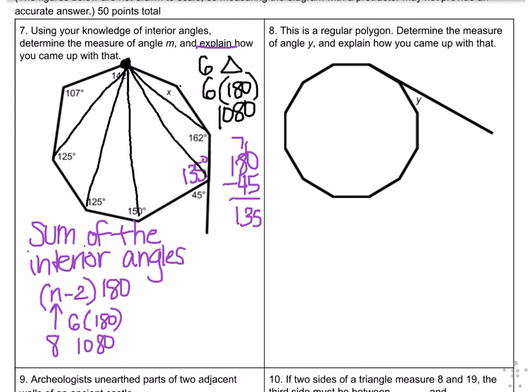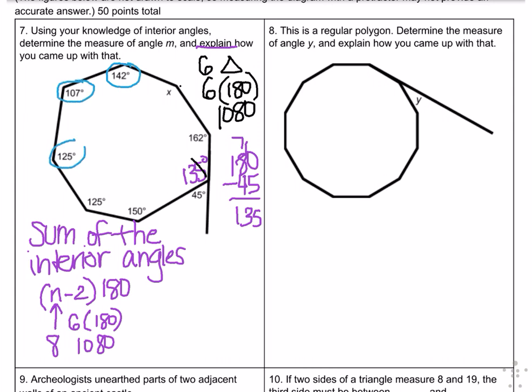Okay, so let's go ahead and continue to answer the question. We want to figure out the measure of angle X. So I'm just going to erase this to make it a little bit less distracting. So what we would do is we would add up all of the angles that are inside of the polygon that were given to us. So I'm going to add 142 plus 107 plus 125 plus 125 plus 150 plus 135 plus 162.